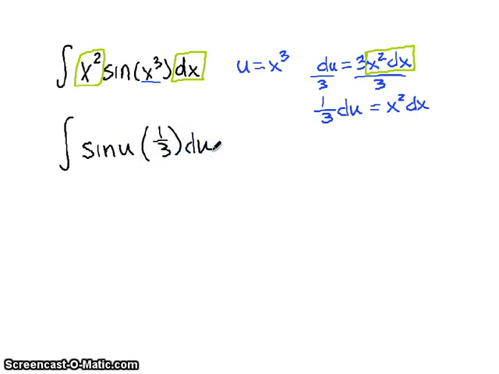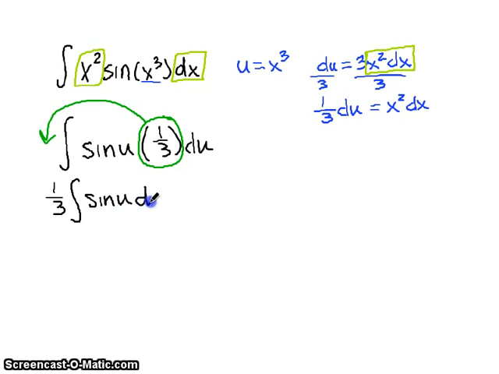If you remember our rule from the first video, we are allowed to take this 1/3, since it's just a constant multiplied by everything. We can bring that out front, and we're going to bring that out front every single time. So we have 1/3 times the antiderivative of sine of u du.